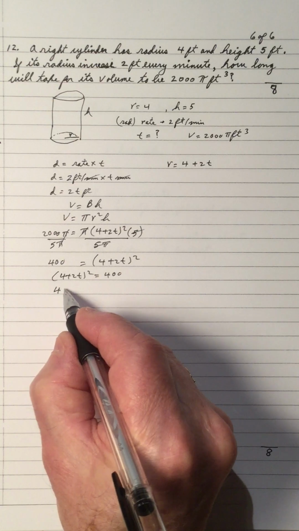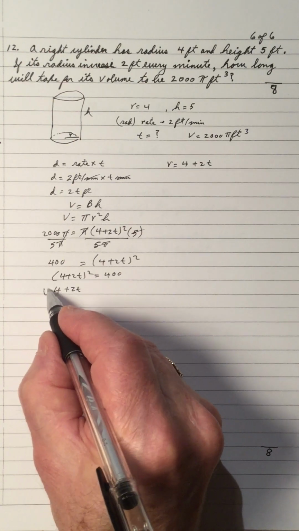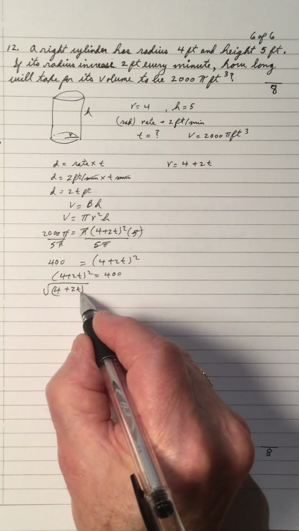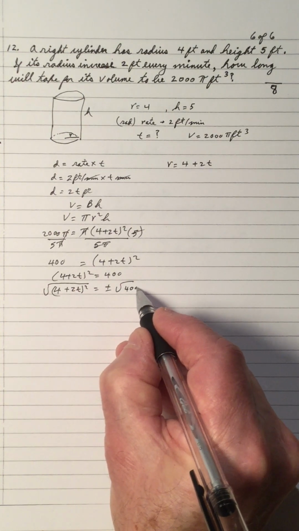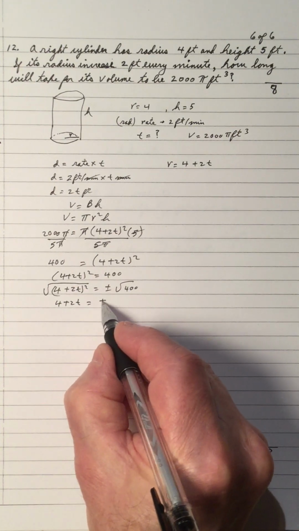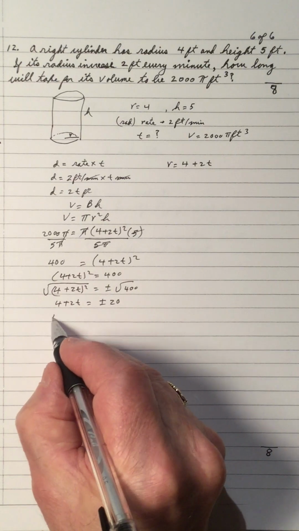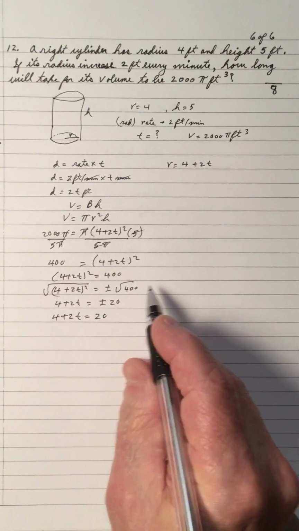So 4 plus 2t, the square root of that is plus or minus the square root of 400. So 4 plus 2t equals plus or minus 20. 4 plus 2t equals 20.